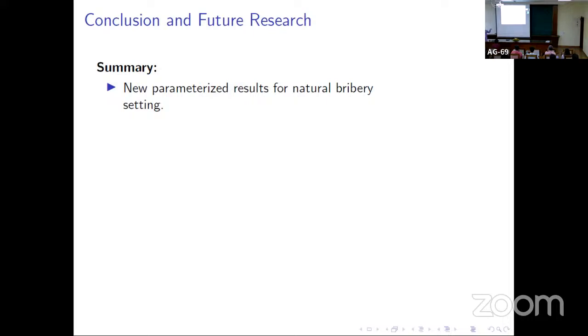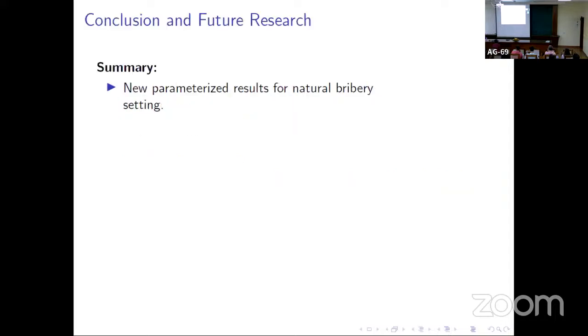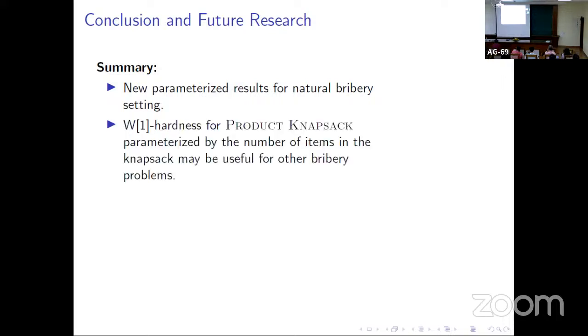The algorithm I provided was for the number of distinct bribe values, and by a similar formulation, we can prove the result for the number of distinct probability values. In conclusion, I want to summarize that we have some new parameterized results for the natural bribery setting, and we prove the W1 hardness of product knapsack parameterized by the number of items in the knapsack, which may be of independent interest.